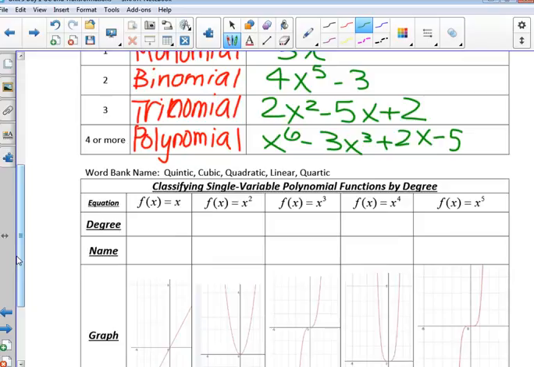Do you guys know which ones these are? We've already studied these. So what's f of x equals x? What do we call that? Linear, right? What about x to the 2nd? What type of function is that? Starts with a Q. Quadratic. So those are ones we've already learned so far. So you should know those. If you don't know those, that's a problem.